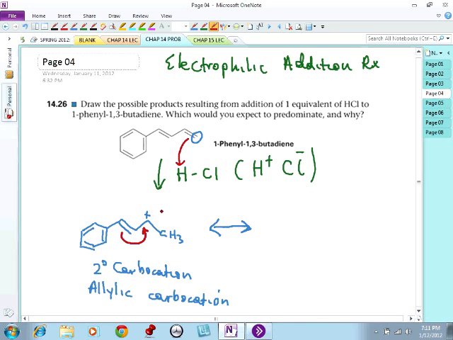Remember, on Tuesday, we showed you the orbital picture of this system, because electrons are able to move from one p orbital to another p orbital. Okay. So now, we could draw another resonance contribution.